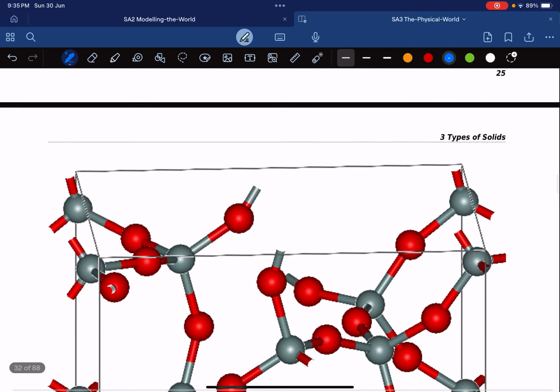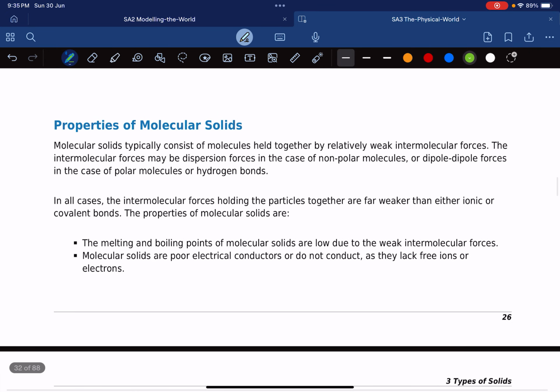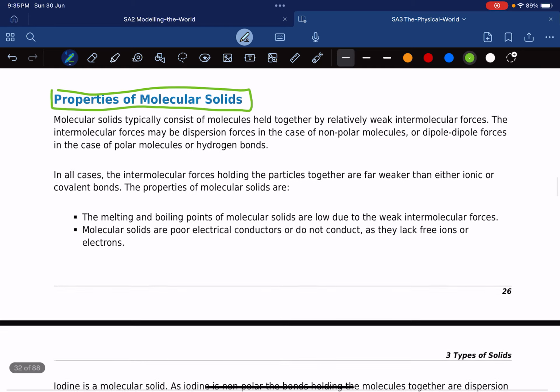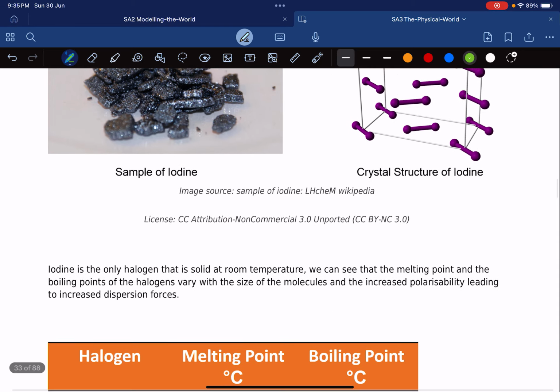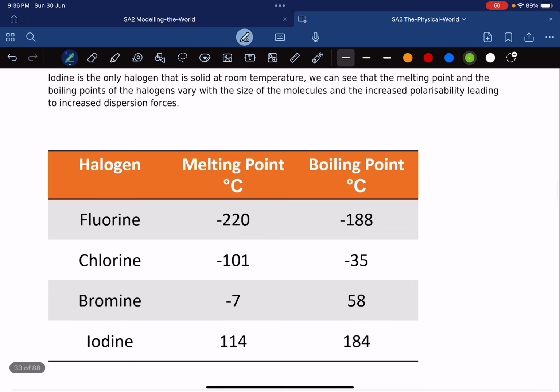All right. So then brings us to molecular solids. Molecular solids are the weakest of them all. Now, these are all examples of molecular solids, right? So for example, in the case of fluorine, fluorine is made up of two atoms. And that's it. This is one molecule of fluorine.